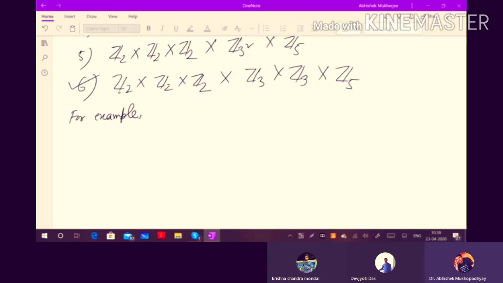So we write down all these primes like an array, that is 2, 2, 2. Now 3, 3, and 5.